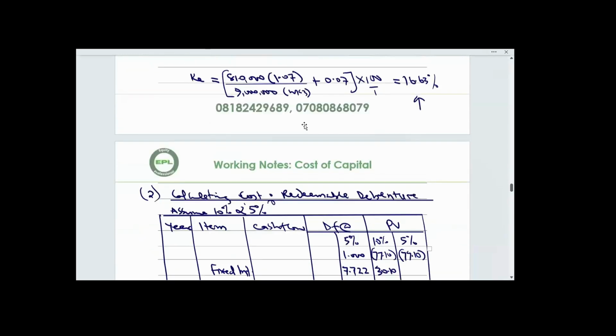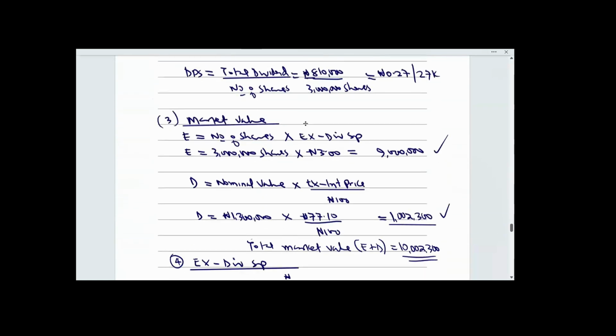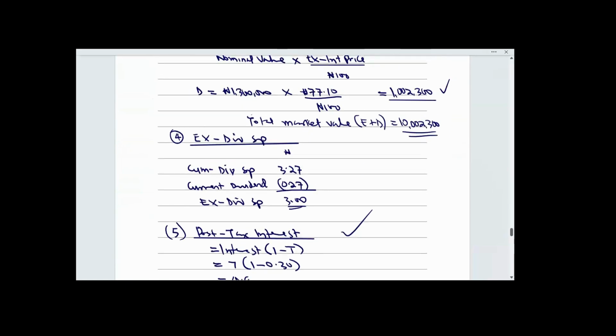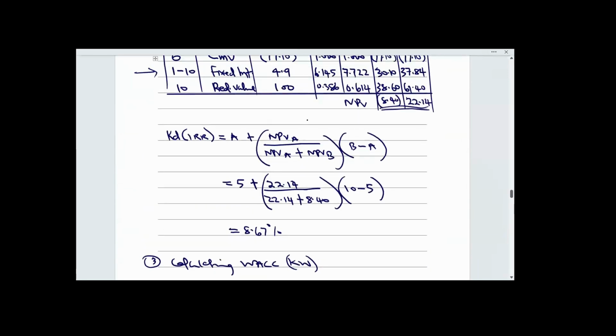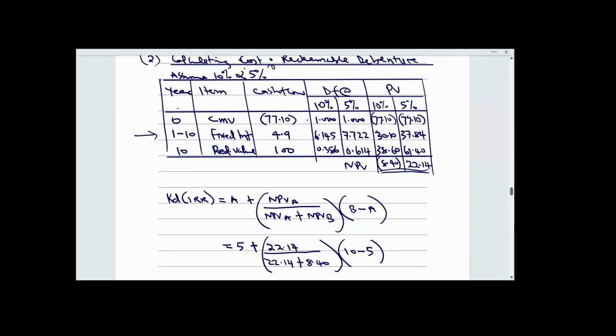We've already adjusted for tax when we calculated the post-tax interest, which is 4.9. So the cost of debt we have calculated is already after tax.